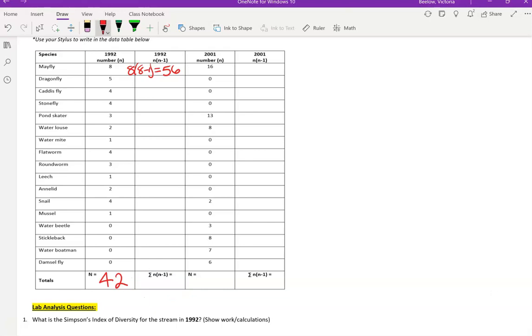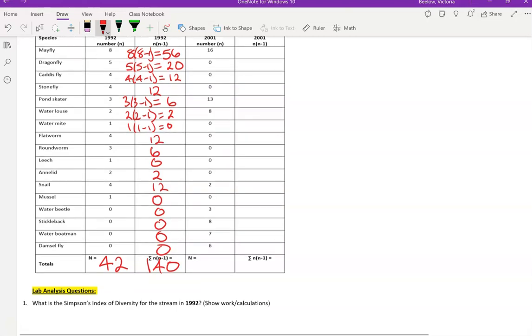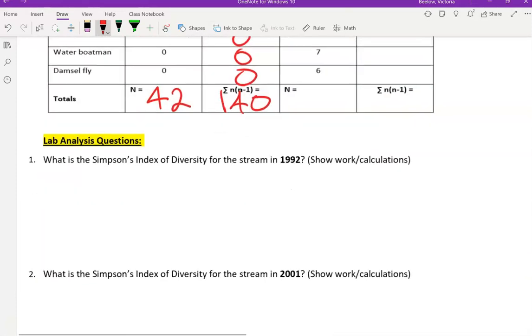And I'm going to do that right now. All right, so I went ahead and did that, and I got 140. So I did each of these calculations, n times n minus 1, and then I added them all together and got 140. So now I have all the values I actually need to plug into the Simpson's diversity index equation.